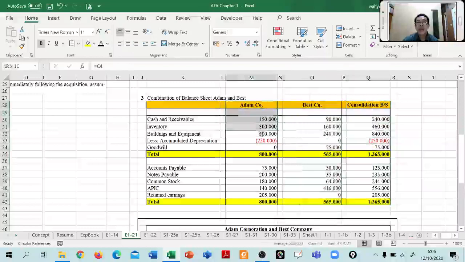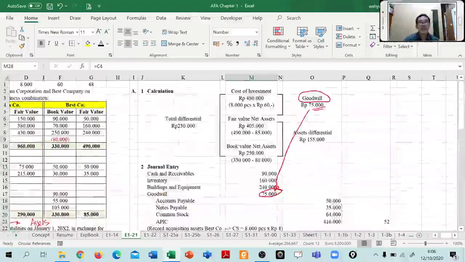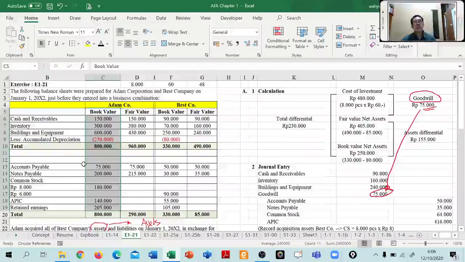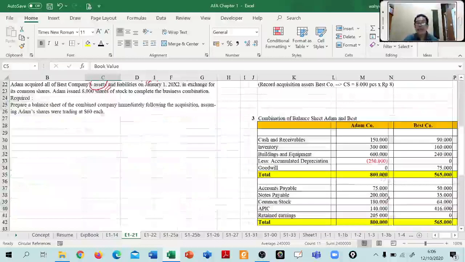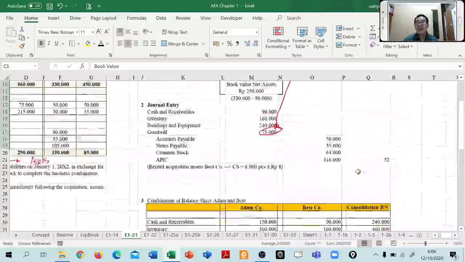Adam company is taken from book value, not fair value, because Adam is the company that purchases the other company. And Best company comes from the journal that we have done.